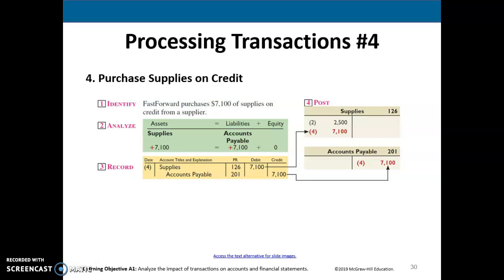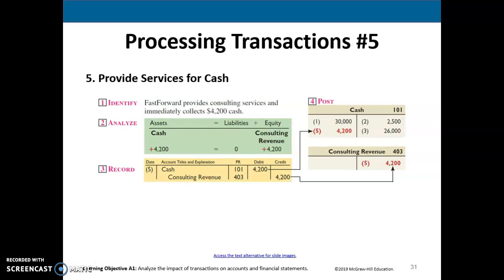Let's look at our next transaction. The next one, we're providing services for cash. So we analyzed before in chapter 1 that we had revenue that we earned and they paid us cash up front. Now we're going to look at the rules for that. We're providing consulting services and collecting $4,200. The asset account cash increased by $4,200 and the equity account consulting revenue increased by the same amount.